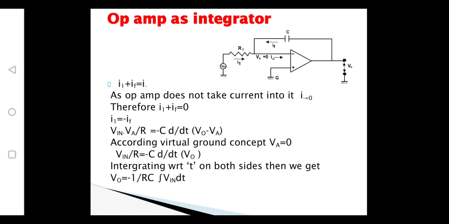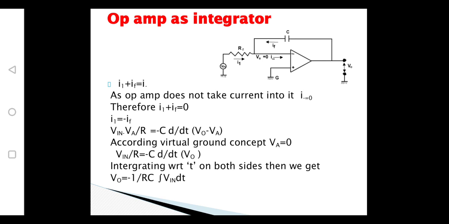We know that I is nothing but V by R. Similarly, here I1 is nothing but the input voltage minus the voltage at node VA, that is Vin minus VA by R, and IF is the feedback current.